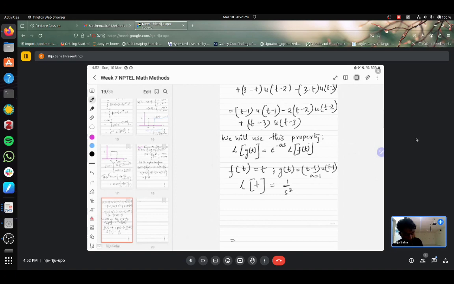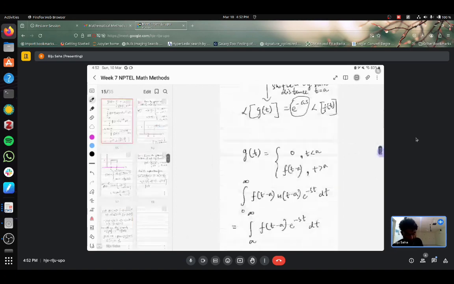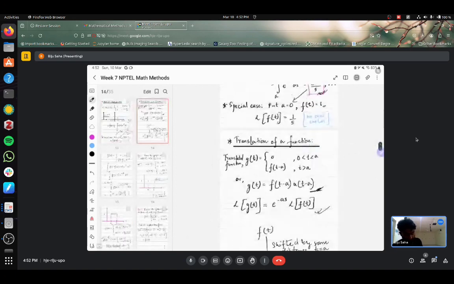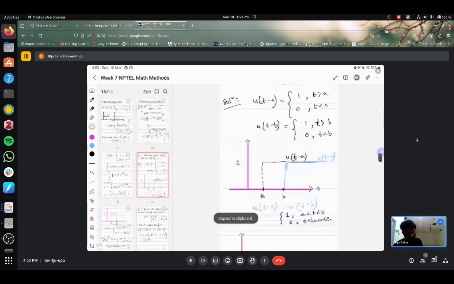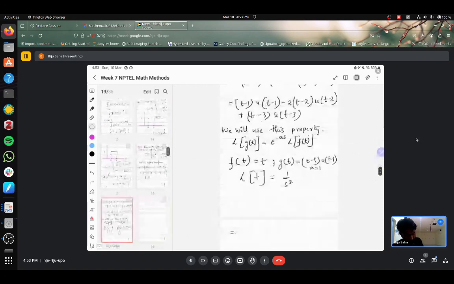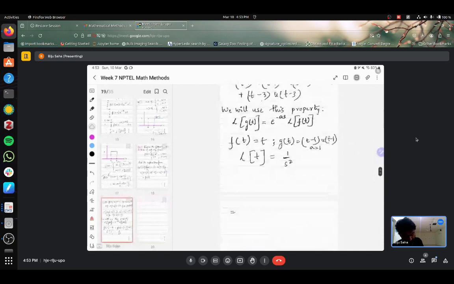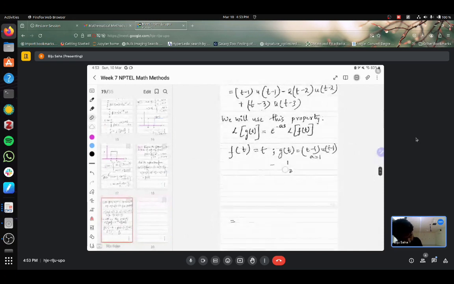And for the second term, remember this was the definition of g(t). Let me also bring this here so it will be easier for you to understand. So this was the g(t) involved here.